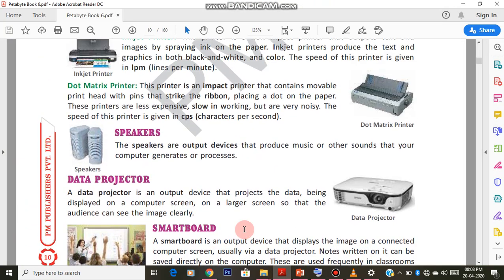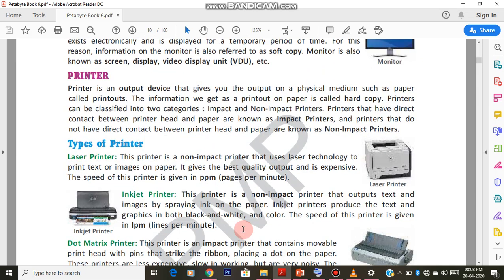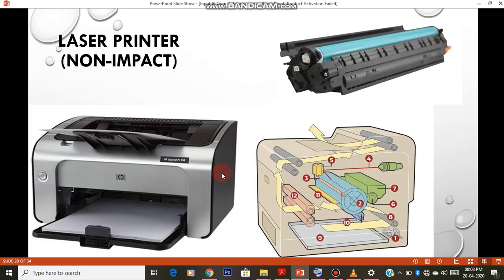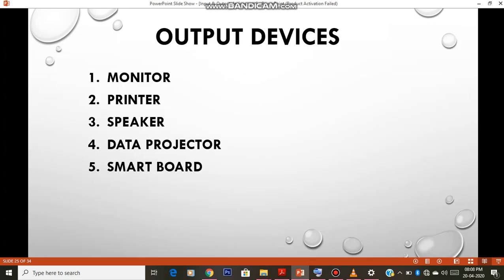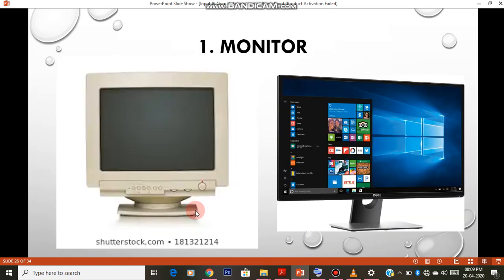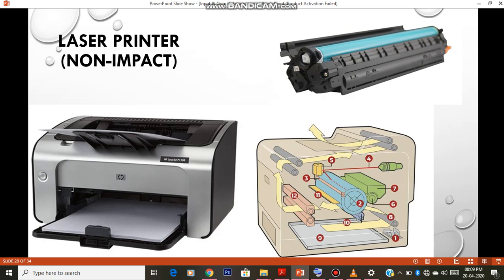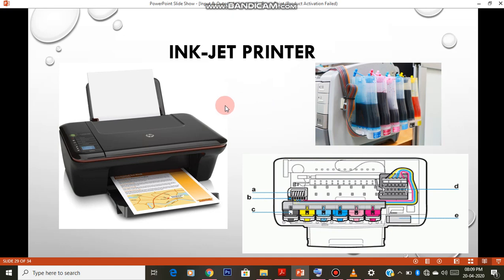Okay, so till here we have seen the different types of output devices. How many output devices did we see? We saw 5 output devices: monitor, printer, speaker, data projector, smart board. So this is monitor and printer. We had mainly two types of printers, non-impact and impact. Under non-impact we have laser printer, where we use laser to print, and inkjet printer, where sprays of ink are sprayed onto the paper.